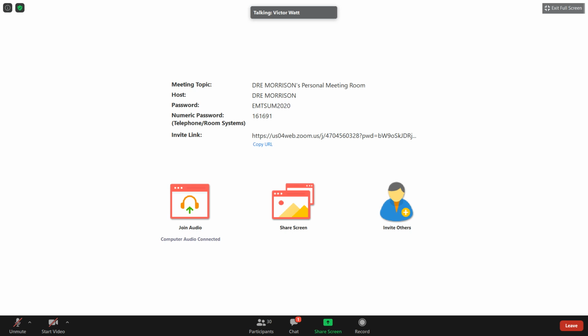You have to click on the screen that you want to share. You click share screen, and then at the bottom right hand corner there's a next thing you have to click to share as well.